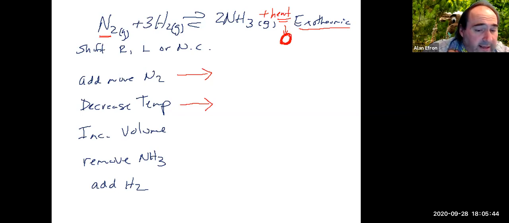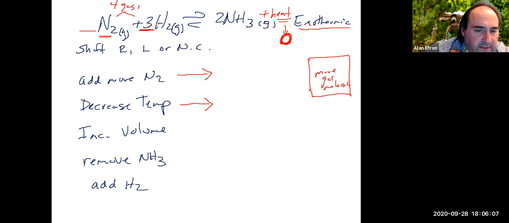Now we're going to increase the volume. So volume and pressure are related to each other, but as we talked about, big volume means we need more gas molecules. So we want to look at the equation, and these are both gases on the left-hand side. Coefficient is 1 here, coefficient is 3 here, which means we have 4 gas molecules on the left-hand side.